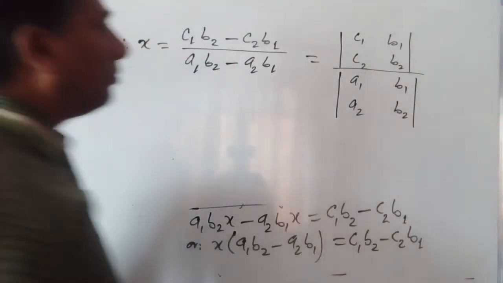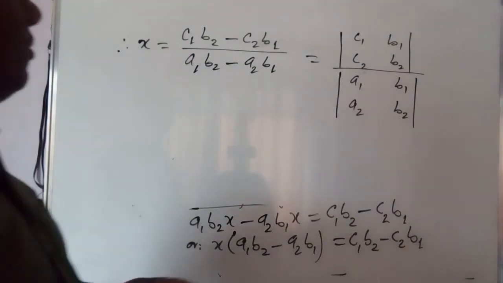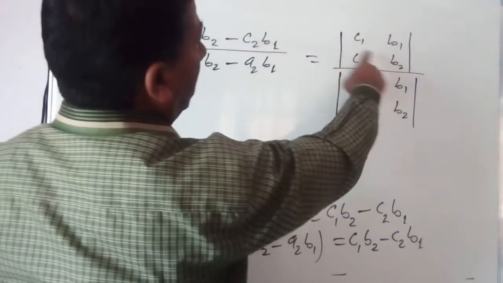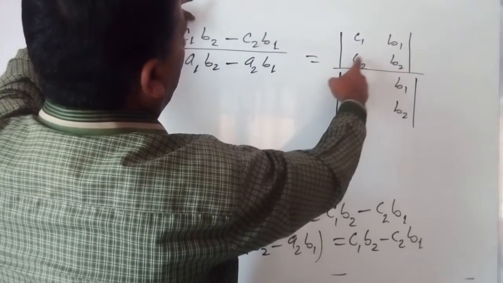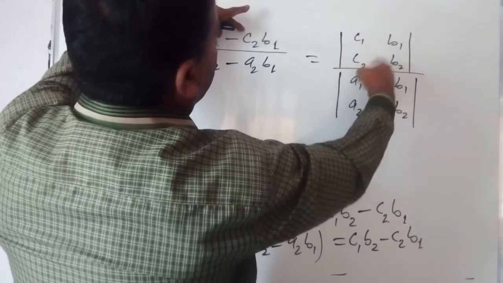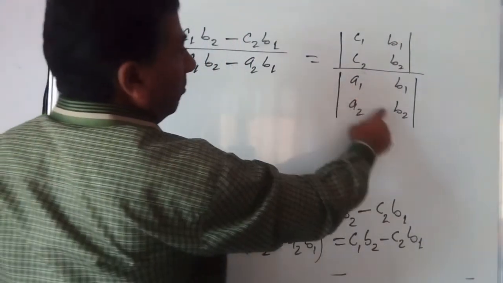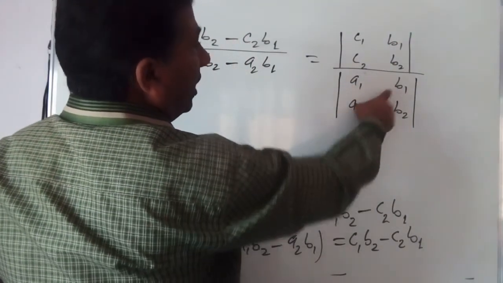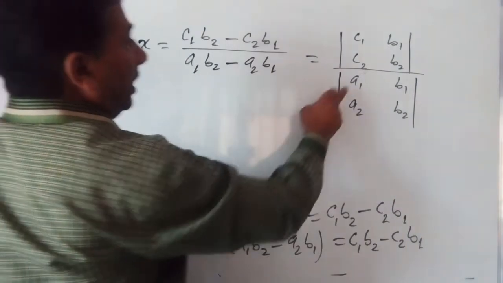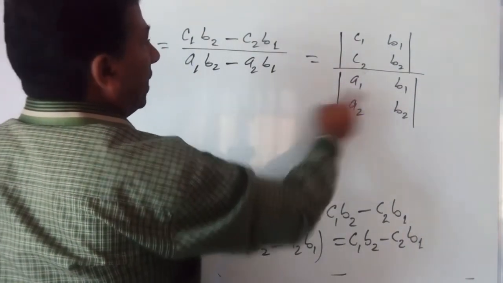Now simplifying, c1 b2 minus c2 b1, main diagonal minus non-leading diagonal product. Here also leading diagonal minus non-leading diagonal, a1 b2 minus a2 b1.